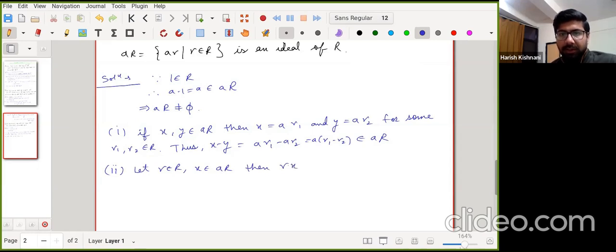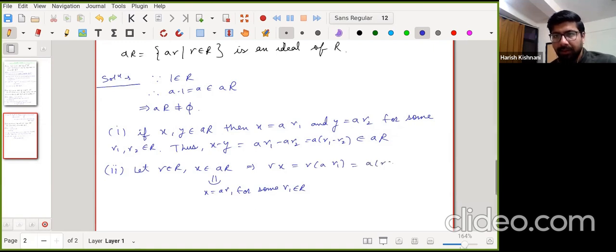So as X belongs to AR, we have X equal to AR1 for some R1 inside R, and to check whether Rx is there or not, we have that Rx is equal to AR1R, and as the ring is commutative, we can just write it as ARR1, and this part is there inside the ring, and thus this belongs to AR.